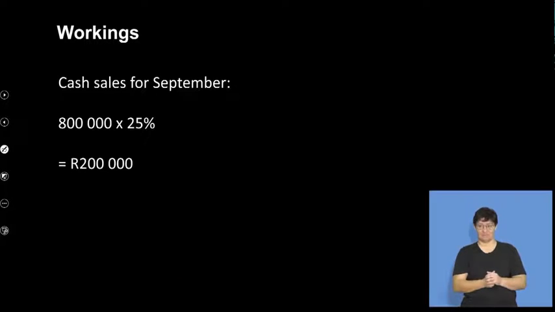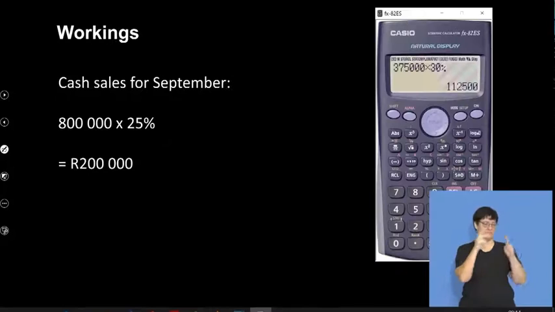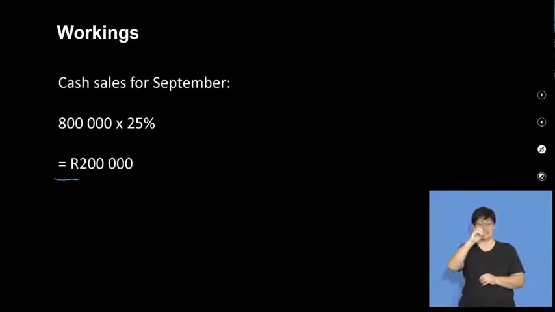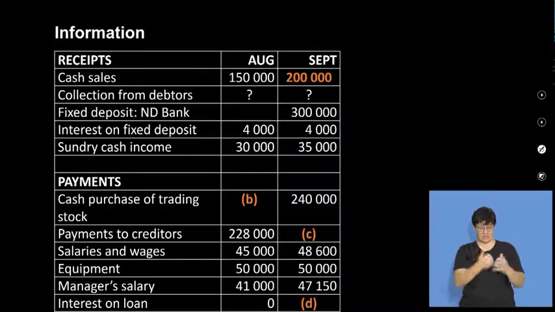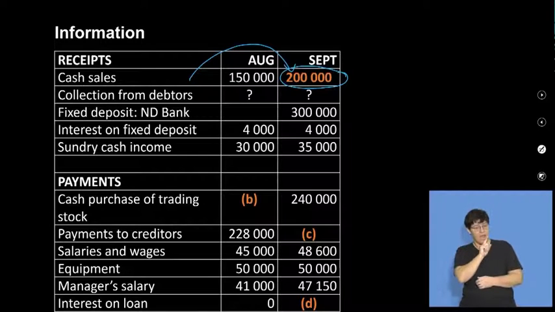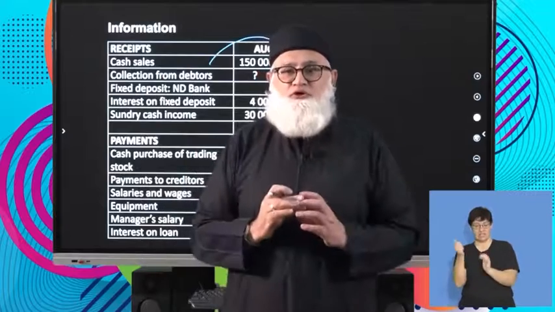So I take out my calculator. 800,000 is my total sales, times the 25%, which is now my cash sales. And there we go, 200,000 is my cash sales for the month of September. So if I go and look at my cash budget, I slot in the 200,000, which was required in terms of my question. Got it? So determine cash sales, credit sales, percentages, and then the calculation.